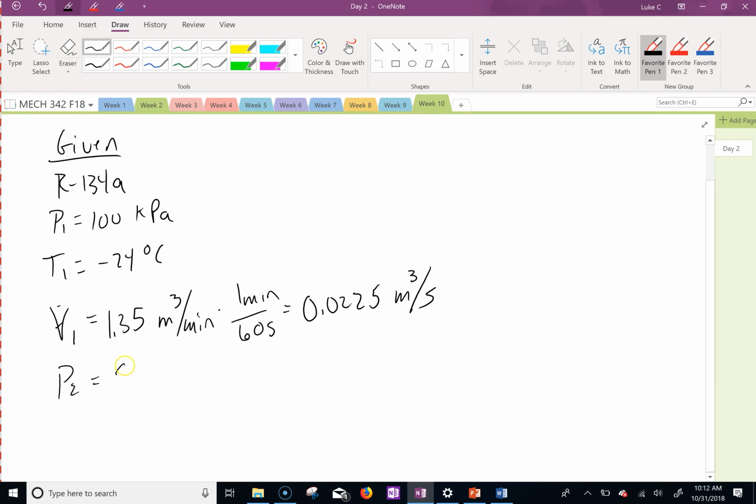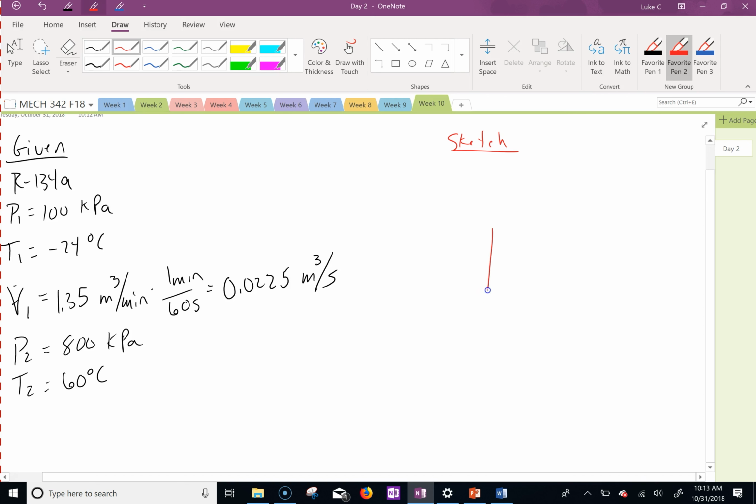P2 is 800 kilopascals. T2 is 60 degrees C. And again, remember that you need to convert kilo to your actual Pascals or joules. I see a lot of people had issues with that. So here's our sketch.